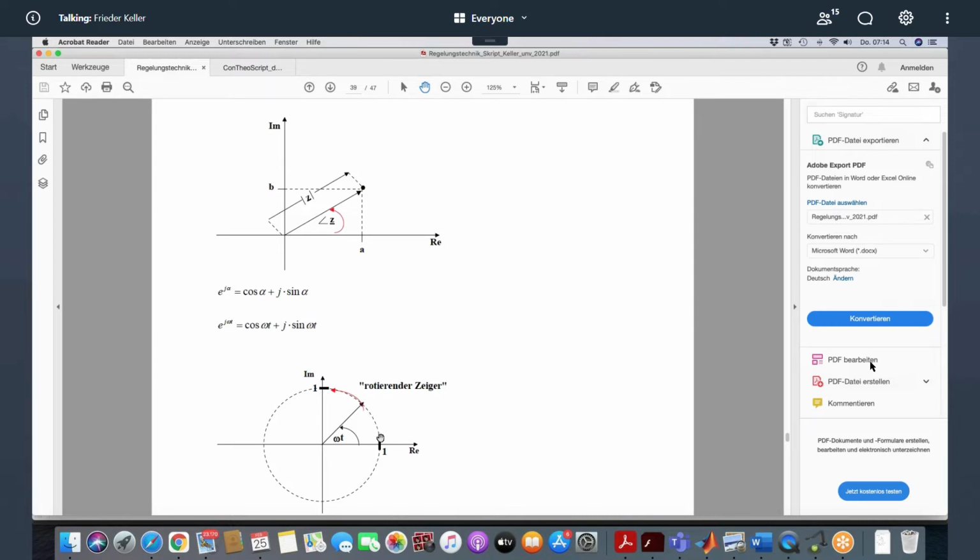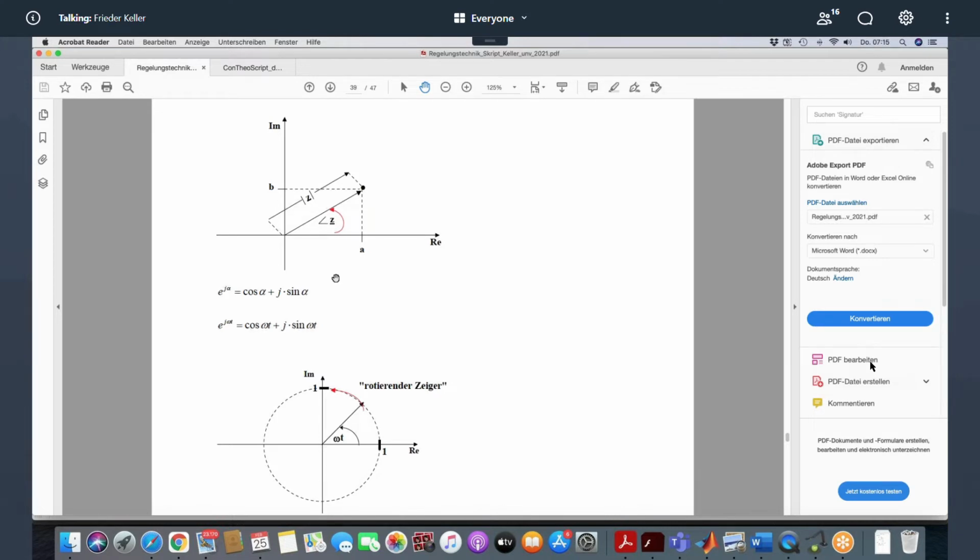And if you think about where that complex number e to the power j alpha is, then this number is somewhere on the unit circle. Why? Because the absolute value of that is 1. Real part squared plus imaginary part squared, summed up and taking the root, gives cos squared plus sine squared, and that sums up to 1.